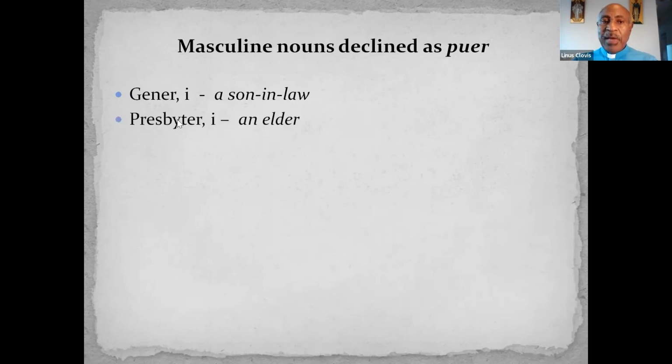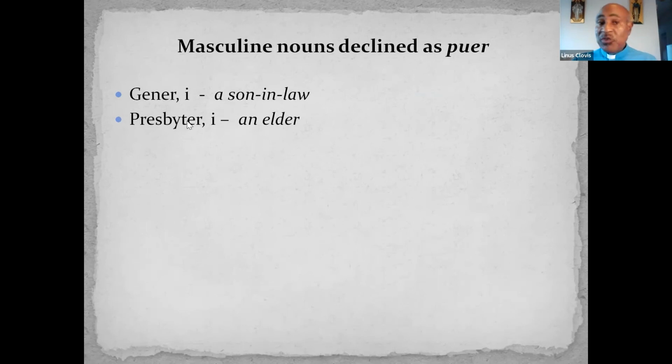We have presbyter, from which we get presbytery, presbyterate, which is basically an elder, but it will be the same. It will be presbyterus. That is, the US is missing. So in everything else, it would follow the same rule as the masculine nouns of the second declension.